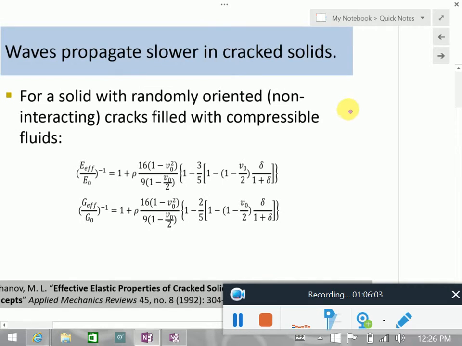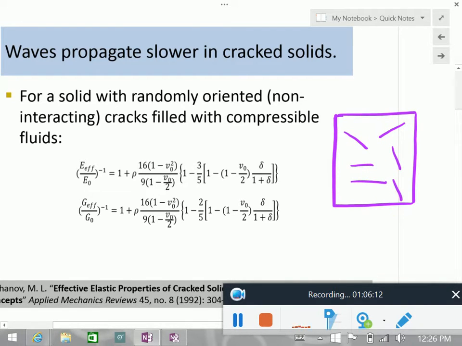If we have a solid, in this particular case we are looking at randomly oriented cracks. Non-interacting means that they don't influence each other. If we look at the behavior of one of them, the behavior of the ensemble is the summation of the behaviors. And they can even be filled with some liquid.